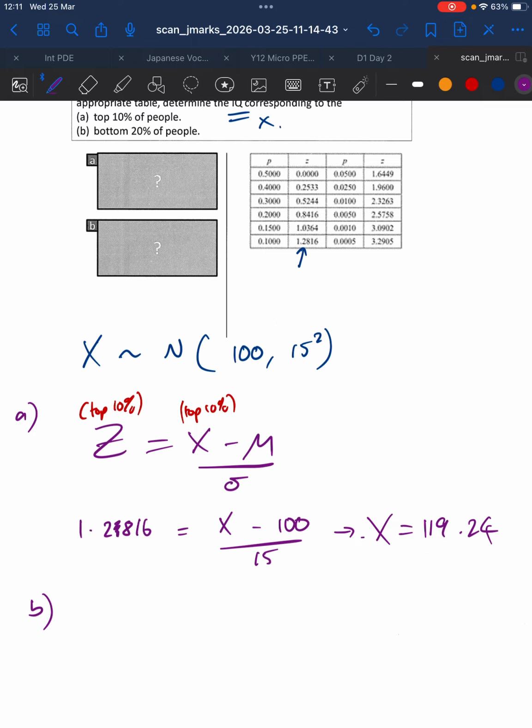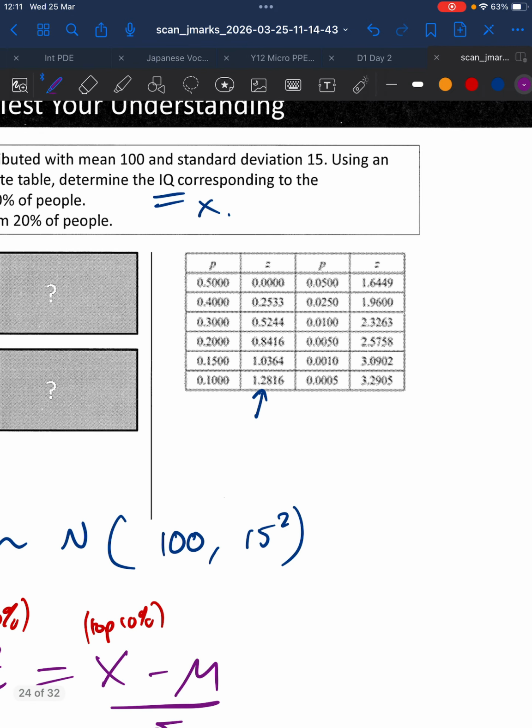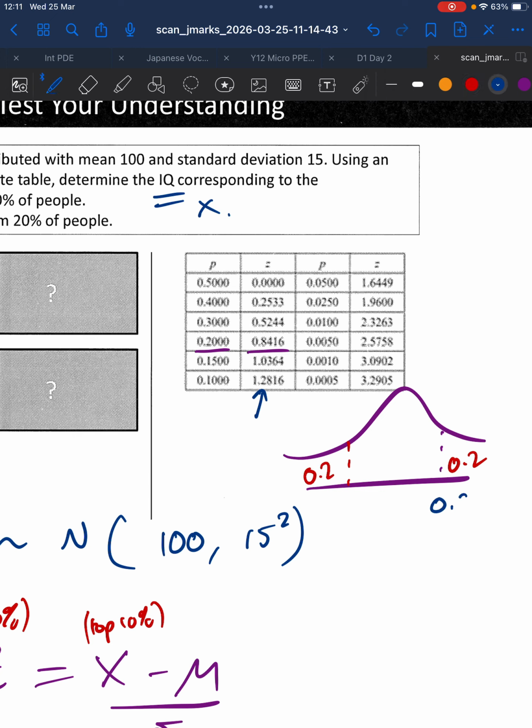B, let's do B. So the bottom 20%. What we're going to do is pick the top 20%, and what we said is the top 20% is 0.8416. So the bottom then is going to be the same, but the negative case, so minus 0.8416.